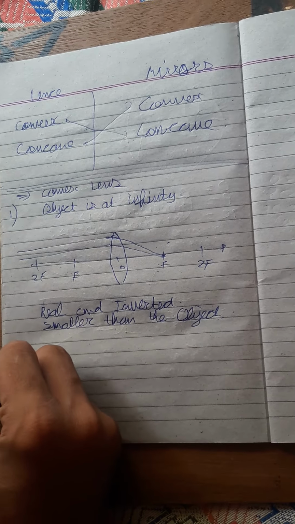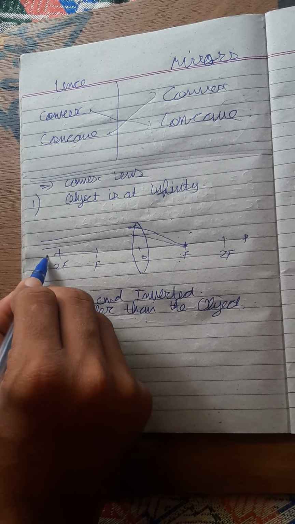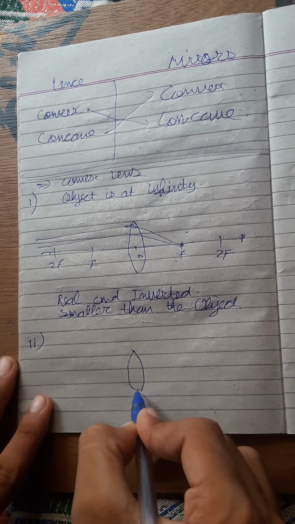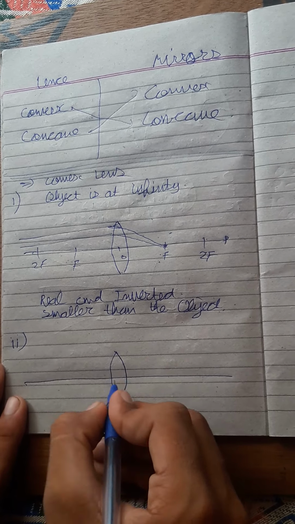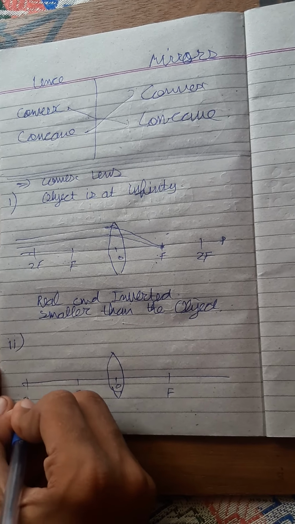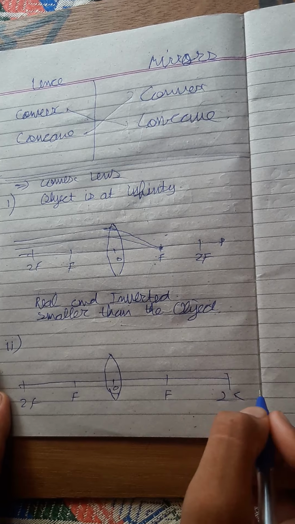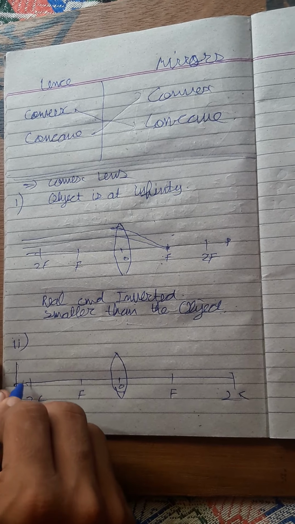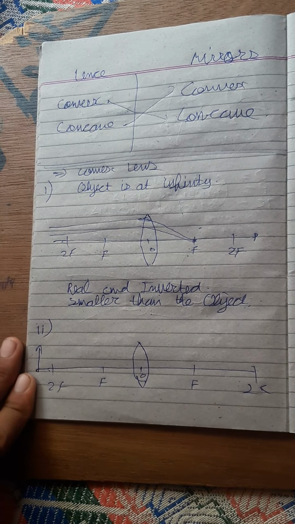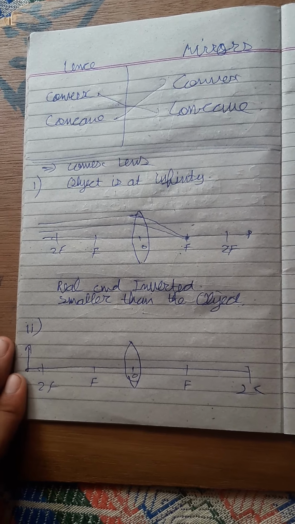Now let's take the second scenario where the object is beyond 2F. So here it is at a finite distance but beyond 2F. So this is the lens, optic center, F, F, 2F and 2F. So here is beyond 2F. For simplicity we will take only two rays, because that's enough to make our image.